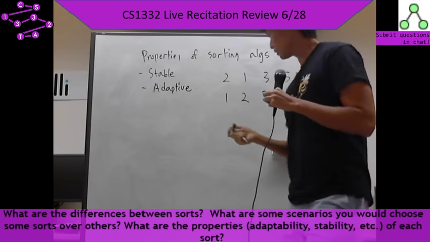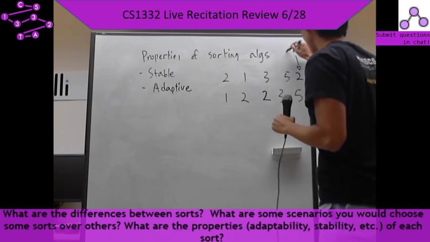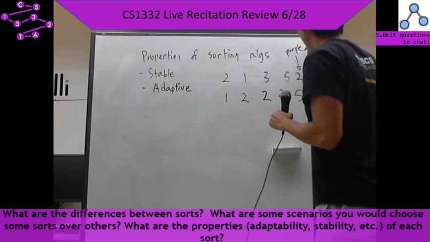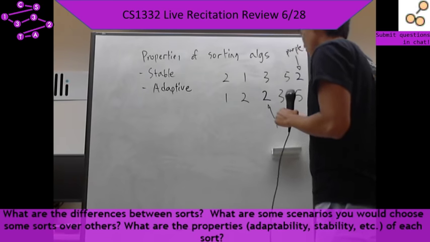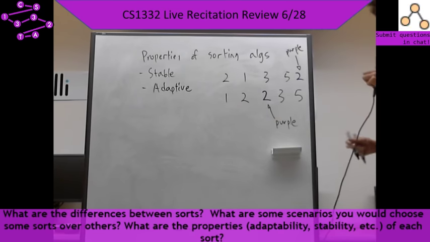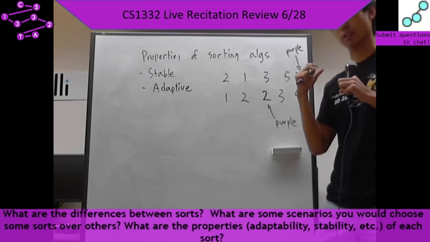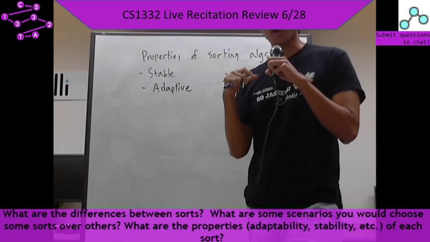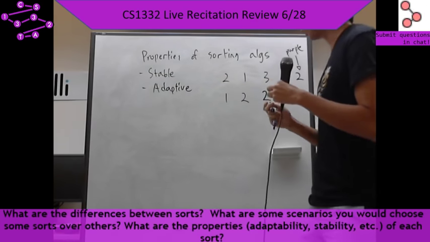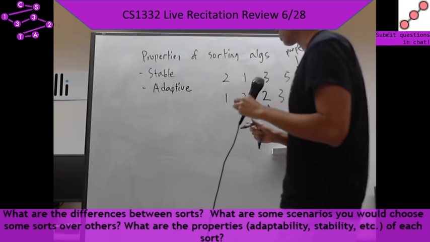The next property is adaptiveness. The way I like to think about adaptive algorithms is that it somehow takes advantage of the fact that the array might already be partially sorted to terminate early.